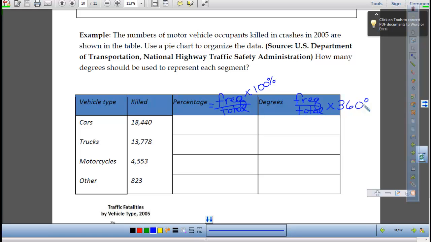So our total number of fatalities is 37,594. We're going to take each frequency and divide it by that number. What'd you get? Okay, 49%, very good.